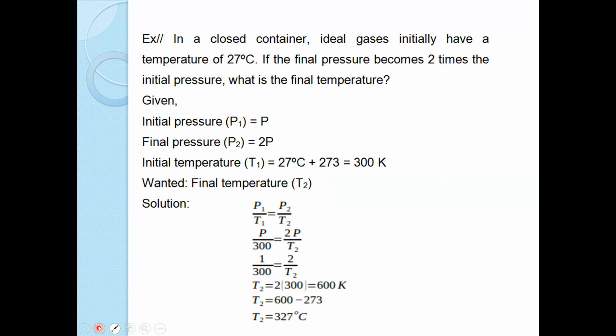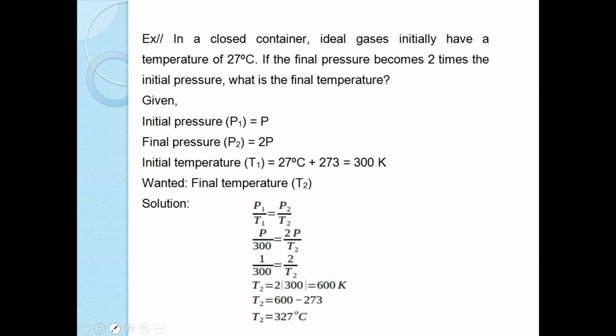In a closed container, an ideal gas initially has a temperature of 27 centigrade. If the final pressure became 2 times the initial pressure, what is the final temperature? Again, we have to list the known quantities and plan the problem.